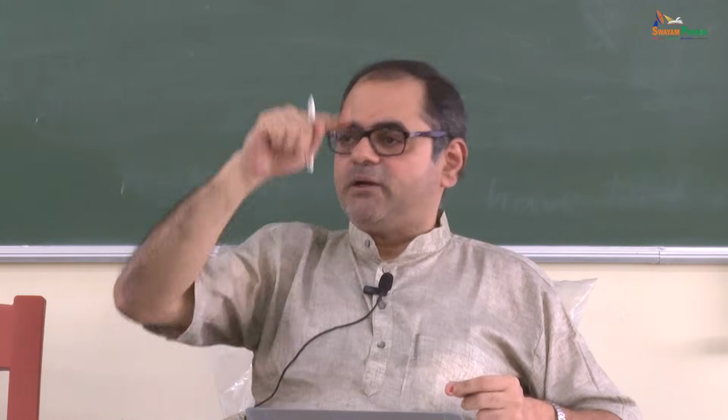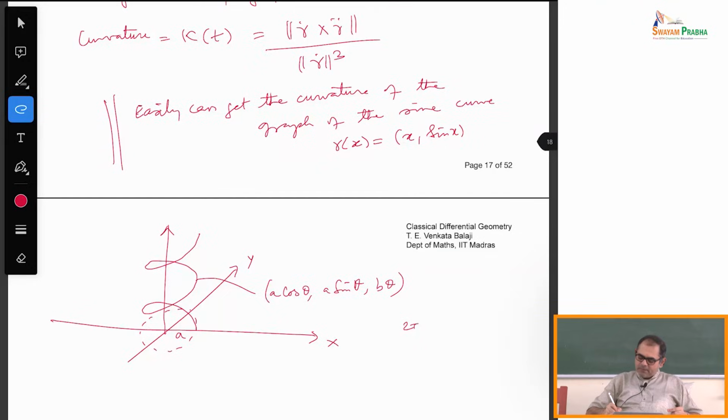One turn corresponds to theta going by 2 pi, so the z coordinate will change by 2 pi b. I am assuming a is positive and b is greater than or equal to 0. Of course, if I put b equal to 0, you can imagine I am going to get a plane curve which is nothing but a circle. And if b is positive, then you get a helix. 2 pi b is called the pitch of the helix, and this is actually this distance.